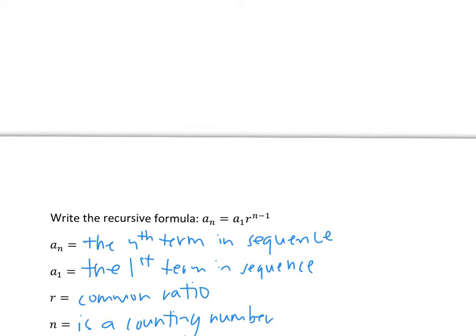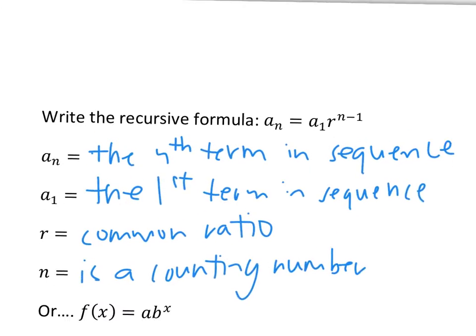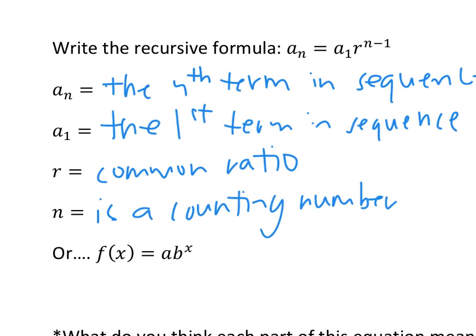Or we could use the formula f of x equals a times b to the x. That also is a geometric sequence formula. And what do you think each part means in that formula? F of x equals a times b to the x.